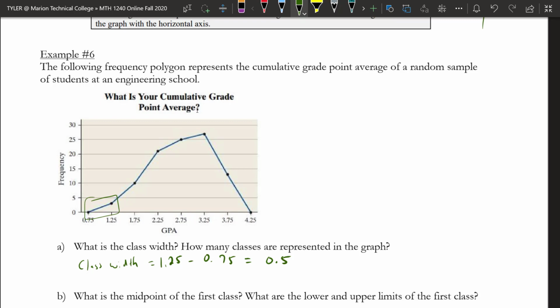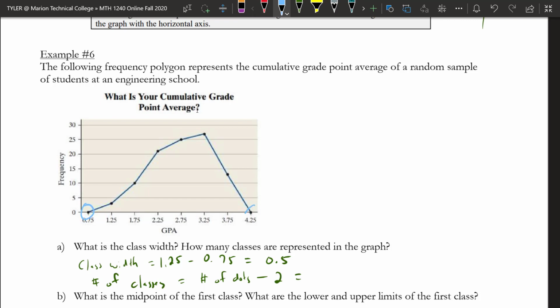And then to find the number of classes, what we're going to do is take the number of dots and subtract 2. The reason why we subtract 2 is because, if you remember from the definition of a frequency polygon, you're going to add in 2 dots.